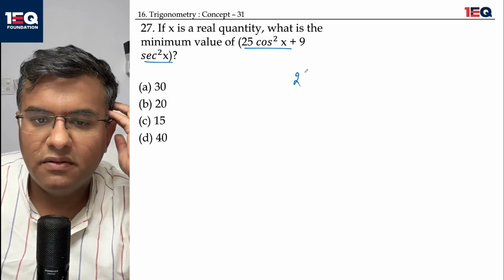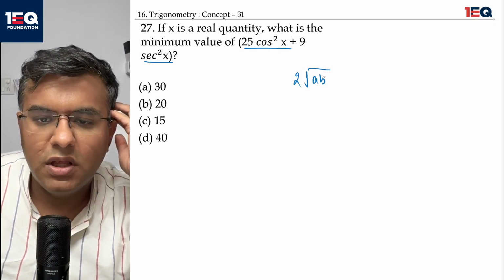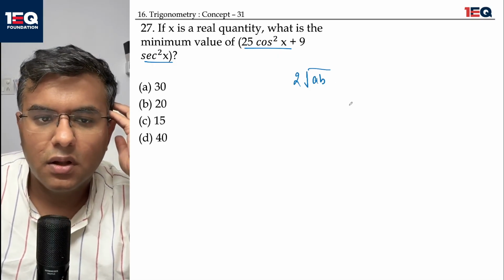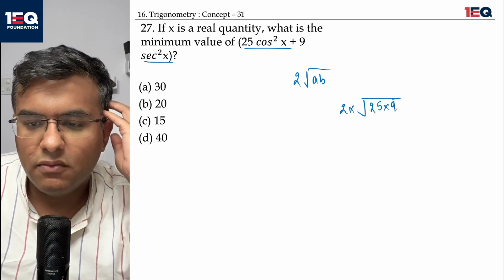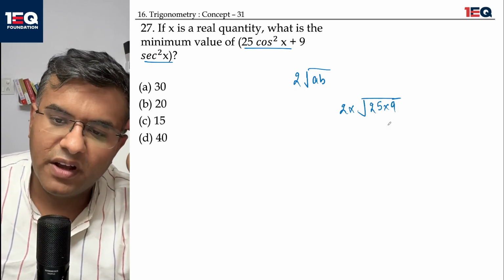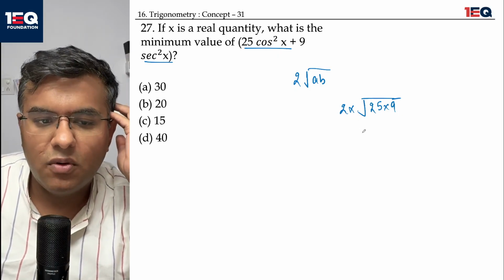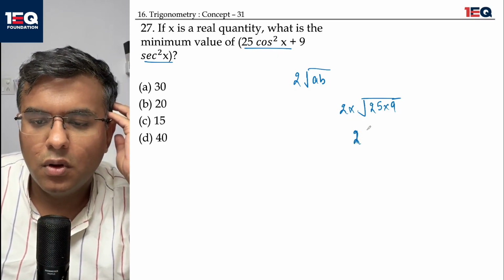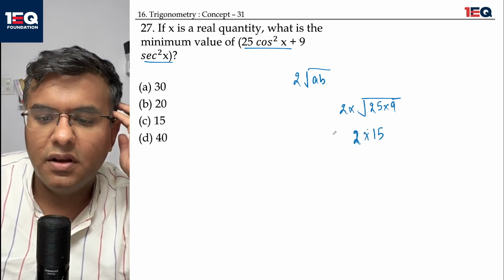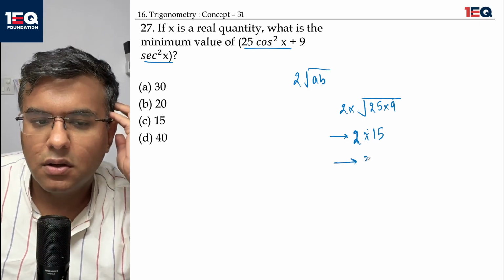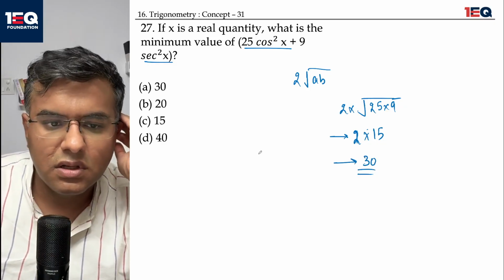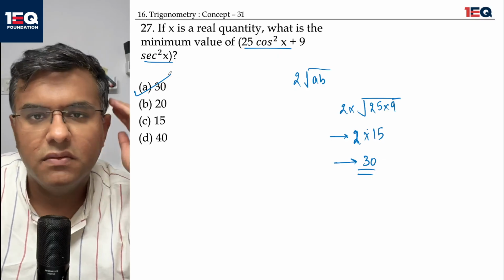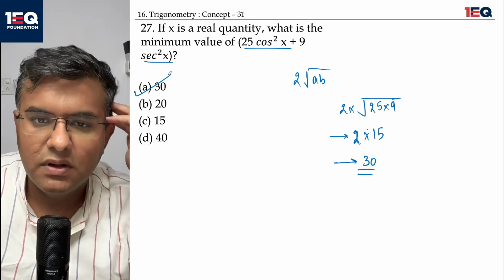We'll be using the value of 2 root ab here. 2 multiplied by, in the root we have 25 into 9. 9 would come down to 3, 25 would come down to 5, 5 3s are 15, 15 would come out, 15 multiplied by 2, we would reach 30, which is the answer. Good enough. Let's move on.